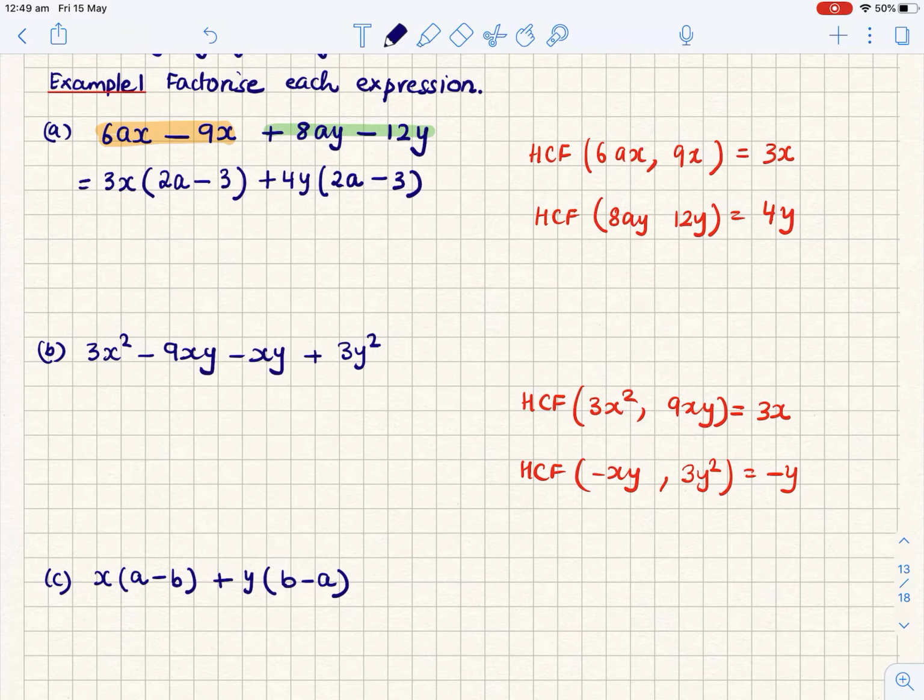Now, if you look carefully, we have this parenthesis common in both terms. So actually, we have two terms now, term 1, term 2, separated by plus sign in between them.